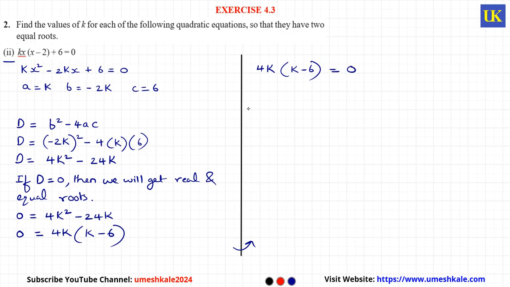Now what we can do is we have to equate this 4k once with 0, and k minus 6 one time with 0 to get the answer for k. So when we equate 4k with 0, we will send 4 to the other side, it will become division, and therefore we'll get the value of k as 0.